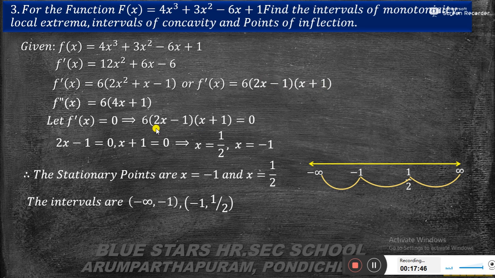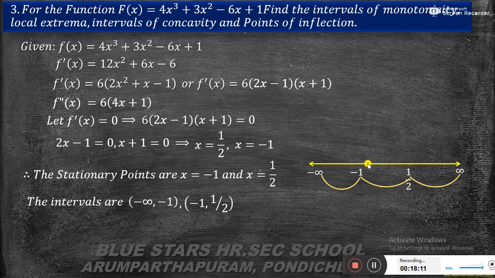So I substitute: 6(2x - 1)(x + 1) equals 0. So 2x - 1 equals 0 and x + 1 equals 0. Therefore 2x equals 1, so x equals 1/2. Next, x equals minus 1. Therefore the stationary points are x equals minus 1 and x equals 1/2.